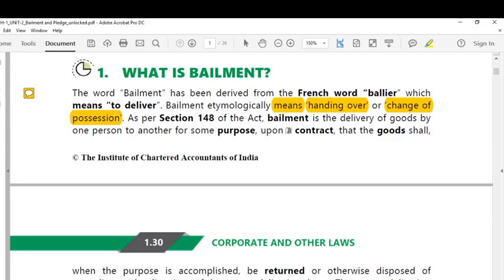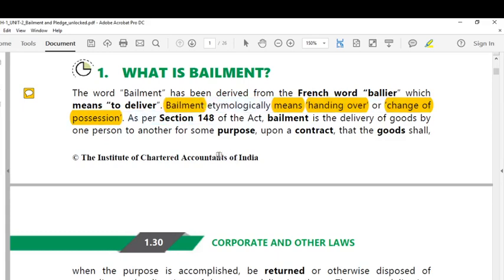This is what exactly a bailment means. Whether it is handing over, giving something to someone else, or changing the possession of goods from one person to another person, that is the etymological meaning of bailment, right?